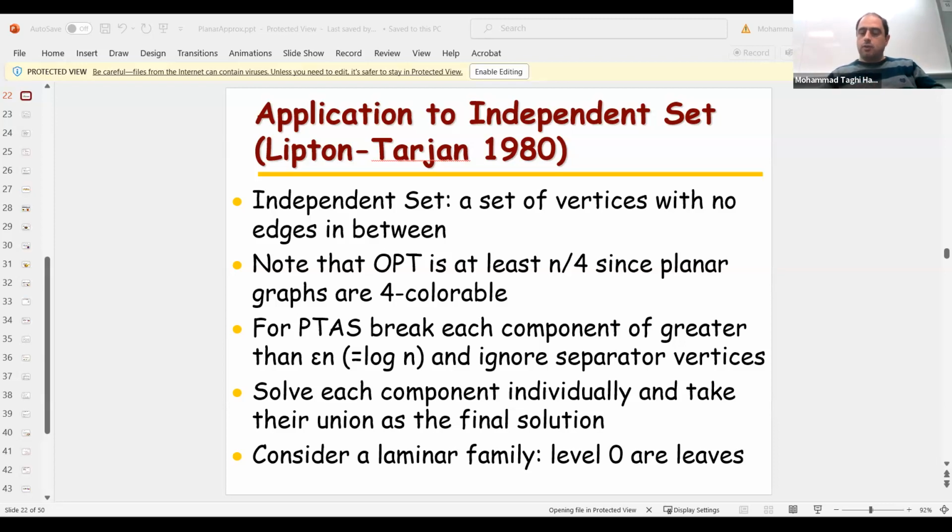And that was important for dominating set.